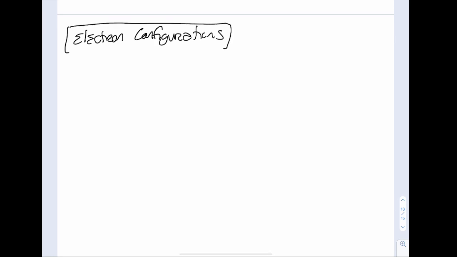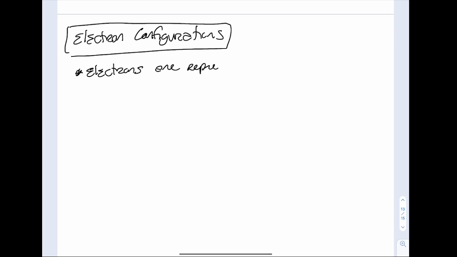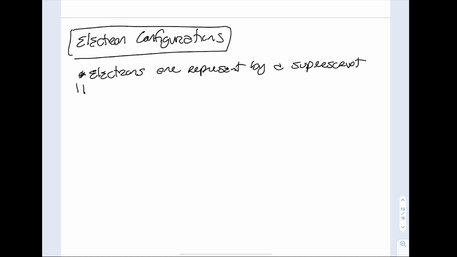So electron configurations. So electrons are going to be represented by a superscript number on the subshell.